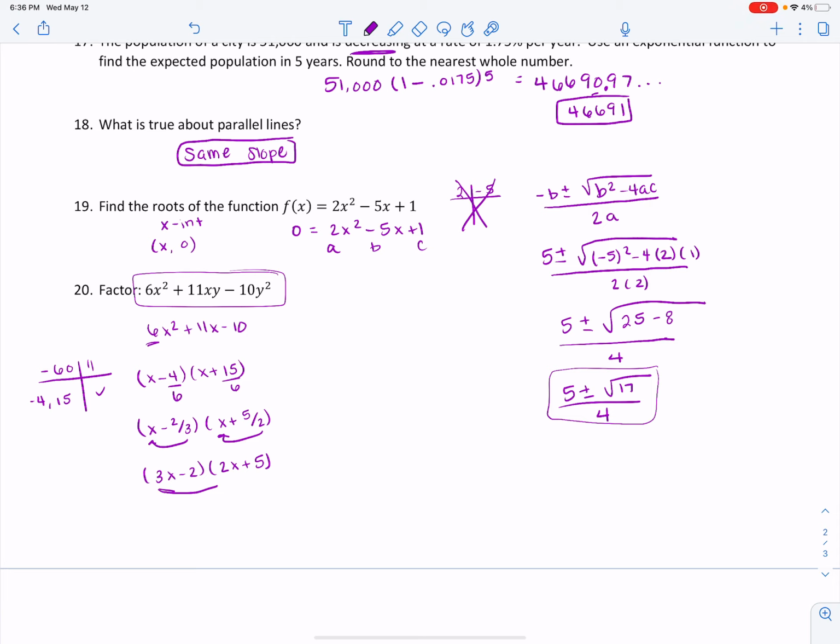And it's true that 3x times 2x is 6x squared. But I also need it to multiply the back sides to give me negative 10y squared. Right now, negative 2 times 5 is negative 10. But if I want it to be negative 10y squared, I need a y there and a y there. So your factors really are 3x minus 2y and 2x plus 5y. That's it.